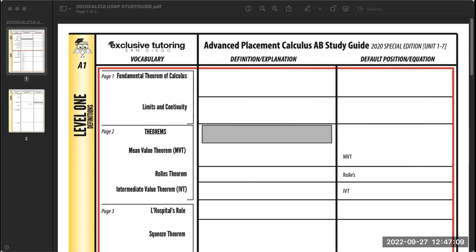Let's continue. Rolle's theorem is the same idea, but it's a slope or a change of 0, okay? I think of our O, the O is a big 0. Mean value theorem, intermediate value theorem don't really have a 0 or an O in there.